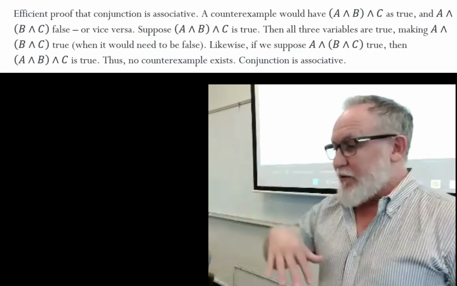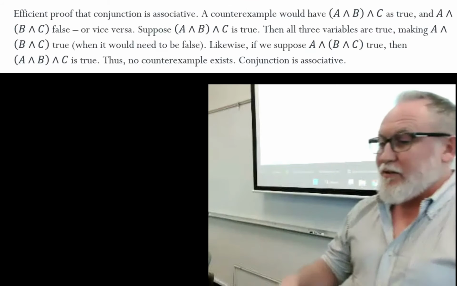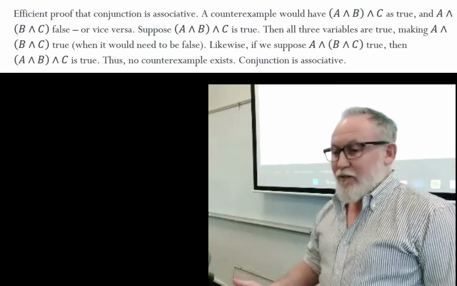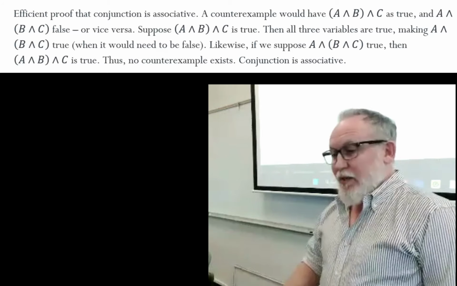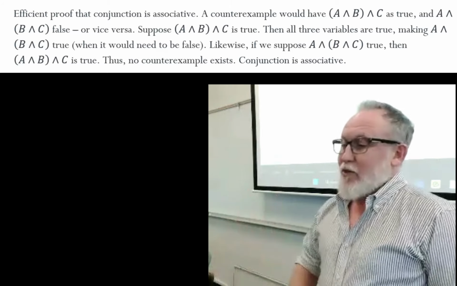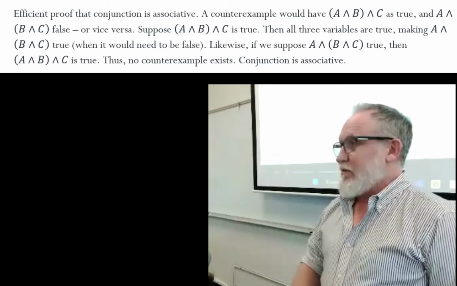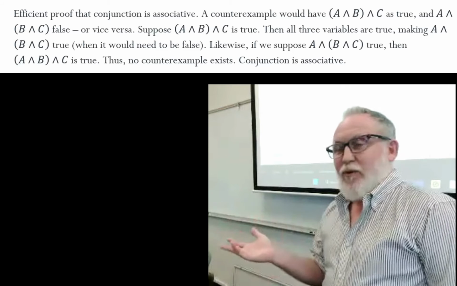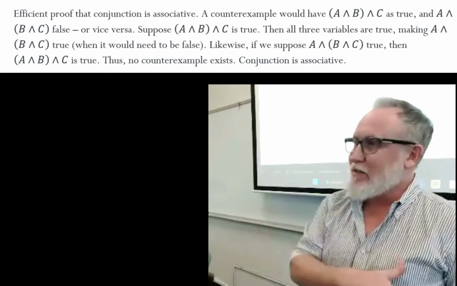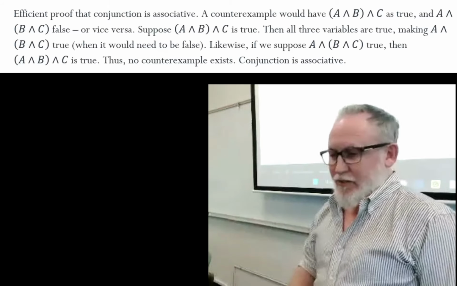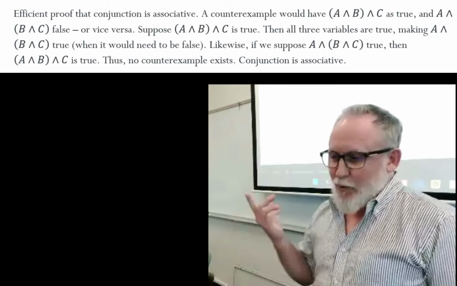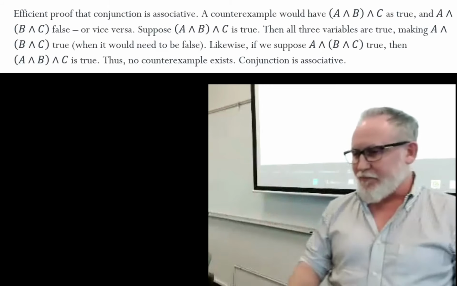Likewise, if we suppose A and both B and C true, then both A and B true and C true is true. Thus, we have no counterexamples, because whenever we assume one is true, the other has to be true. So conjunction is associative. All right, so that's worded a little differently from what I had up above.